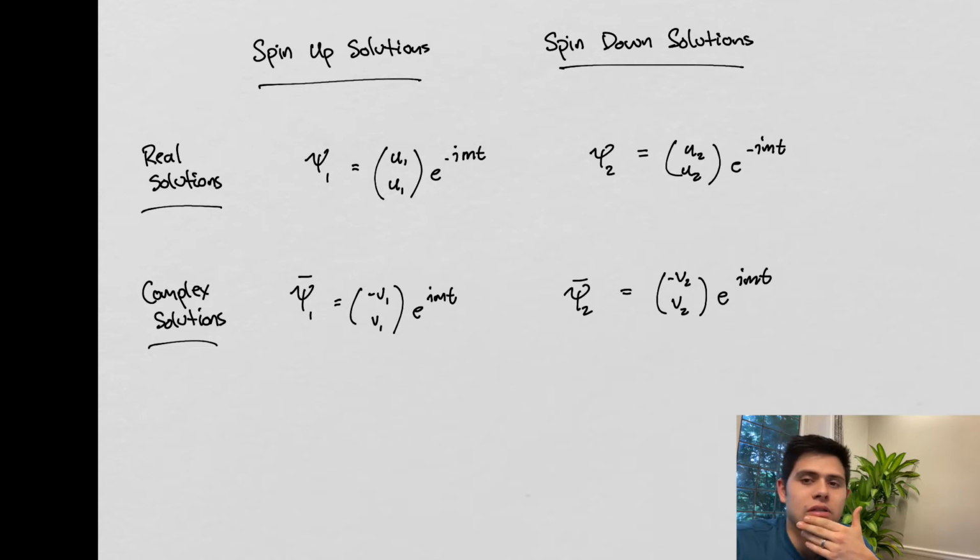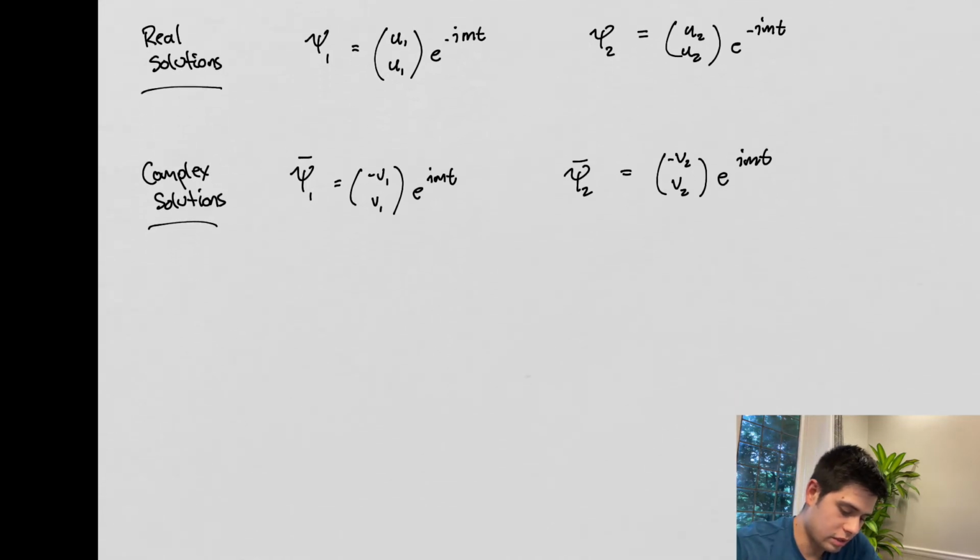Let's see what these solutions do. Before I do that, U1 we're going to say is equal to this right here, and U2 is going to be this.